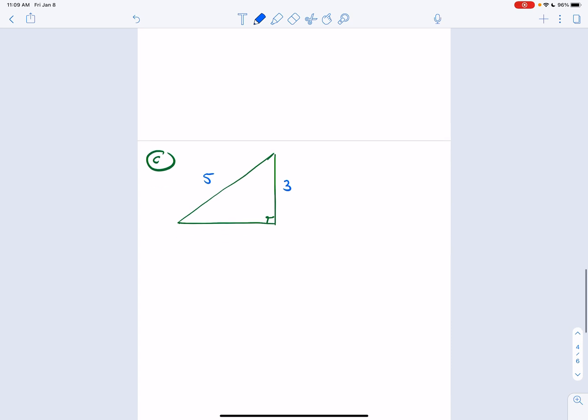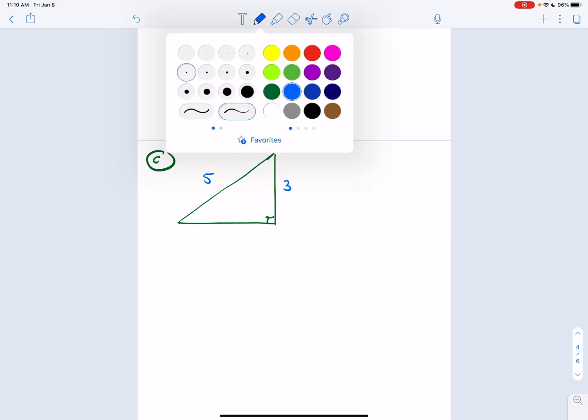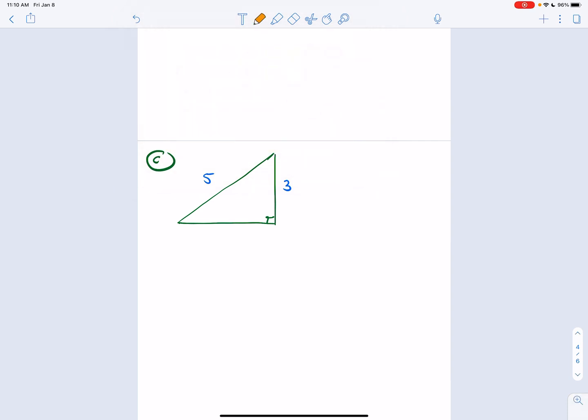Now, first thing you want to do, just like all the other problems, is identify your hypotenuse. Okay? We know that our hypotenuse is always opposite of that right angle. So this right here is my C. Okay? And the other ones, I'll just label as A and B.